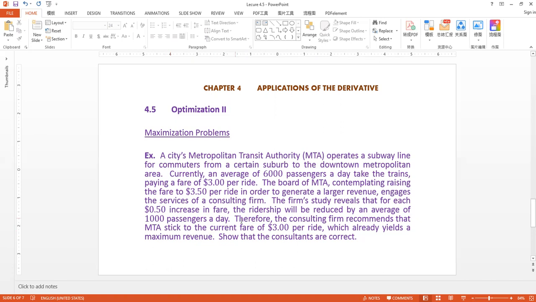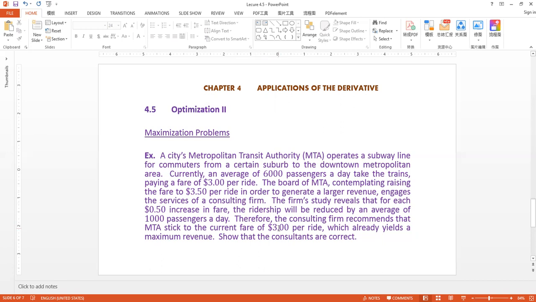That's the research conclusion, and we need to show that the consultants are correct. In other words, the MTA should not change the price of the fare.